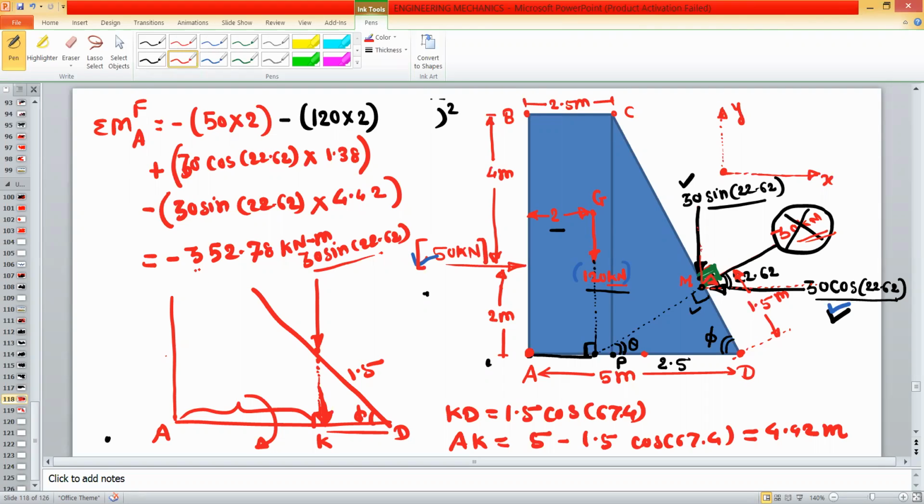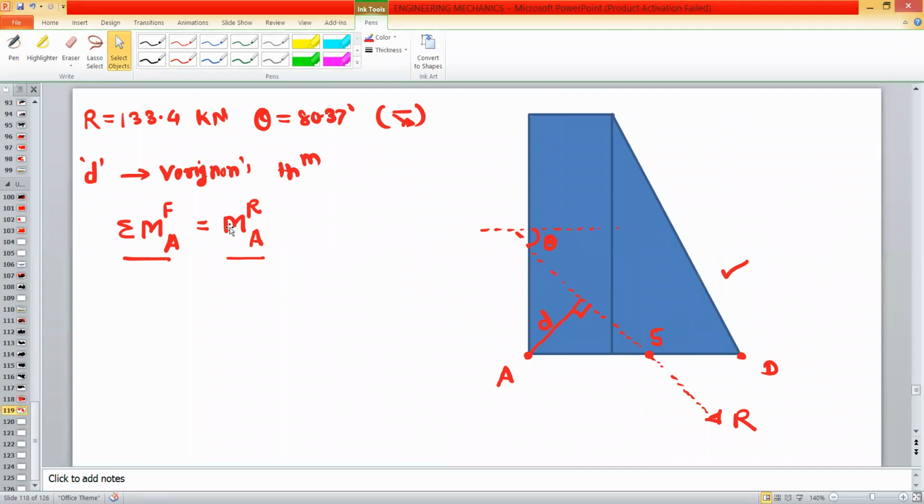So this is the left hand side of Varignon's theorem. Now just observe the right hand side: moment by resultant about the point A. I will write the value for the left hand side. This is minus 352.78. It is equal to the moment by resultant. So observe this figure.